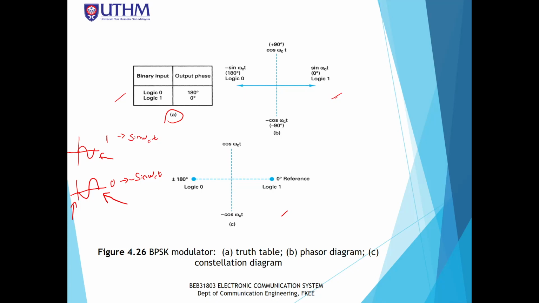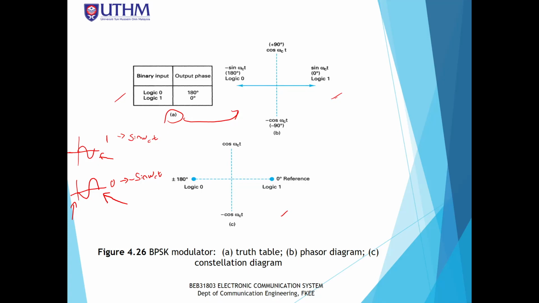Okay, so from this table, we can draw the arrow diagram or phasor diagram. You see that logic 0 is 180 degrees, logic 1 is 0 degrees.